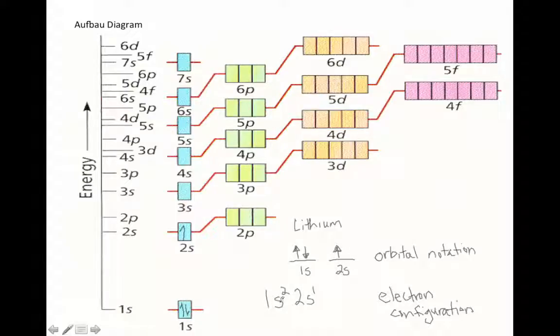In the first energy level, we have an s orbital and it has 2 electrons. Second energy level, we have an s orbital and it has 1 electron. So electron configuration takes on that appearance, and orbital notation looks like this. Sometimes you do see orbital notation written with boxes around it rather than lines, so both ways are examples.